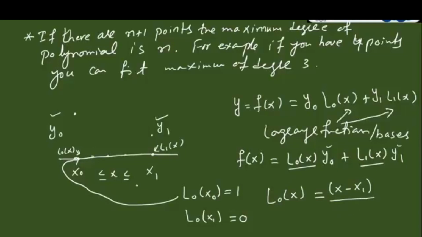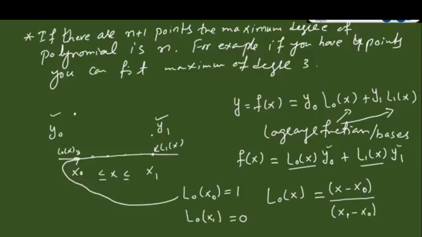It has to be 1 at this point and 0 at the other point. Sorry, x minus x0, I made a mistake. It is defined for x0, so it is x minus x0 divided by x1 minus x0. Okay, so this is defined like that.